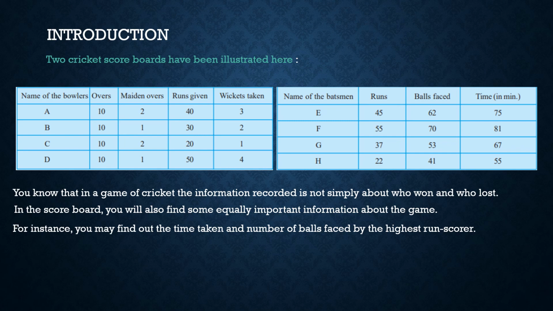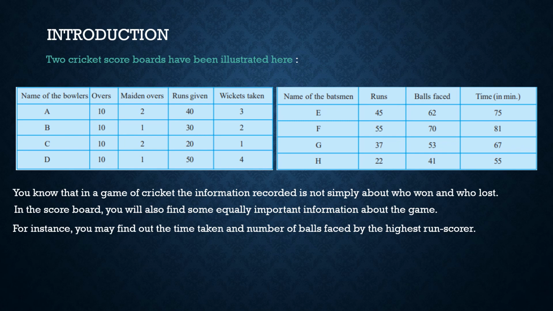For example, from the first scoreboard, the names of the bowlers are A, B, C, D. The bowler A, in 10 overs, 2 overs were maiden overs and he has given 40 runs and he has taken 3 wickets.